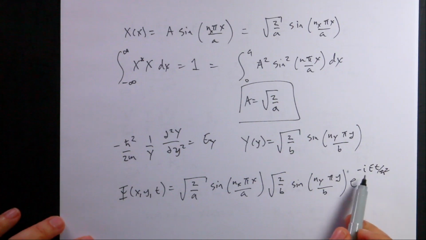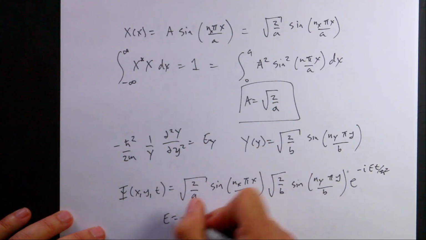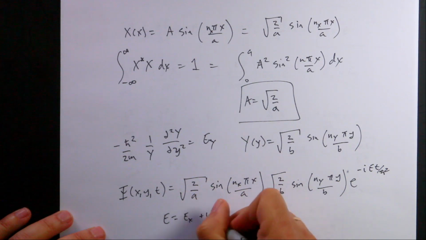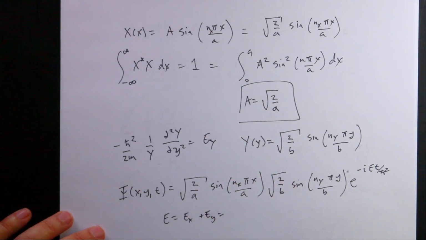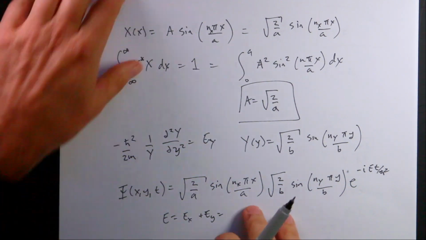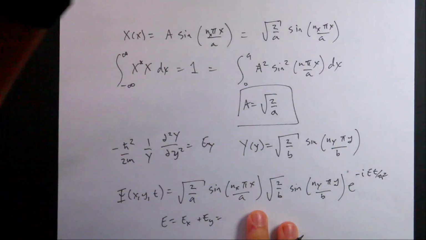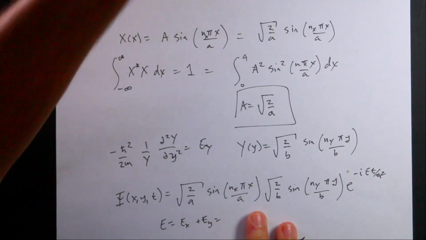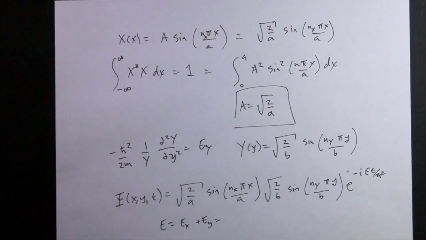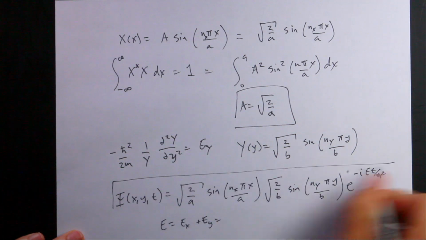Now remember, the E is determined by E equals E_x plus E_y. And so we have, where did I put that? I keep forgetting what I wrote. So let's put it together. This is my wave function right there. That's what I want to look at.